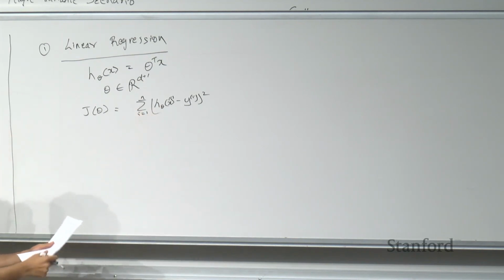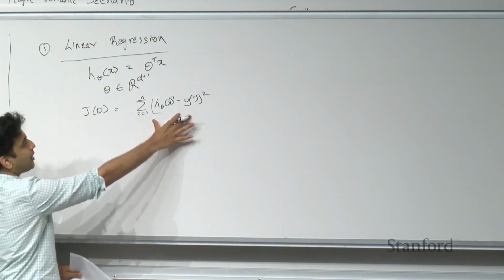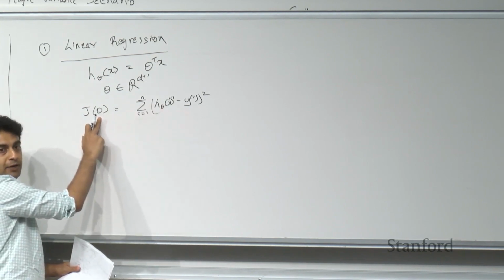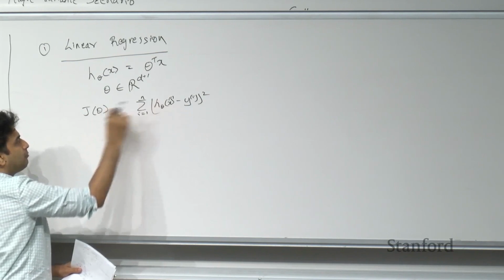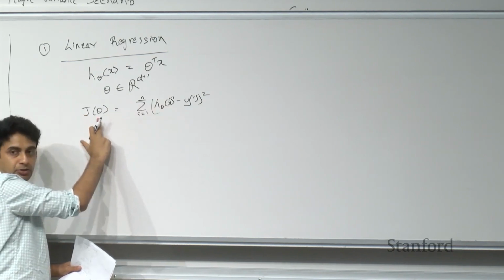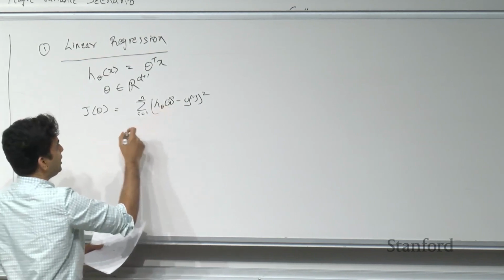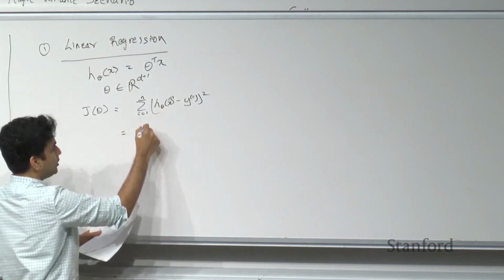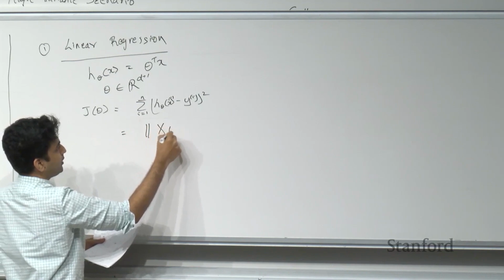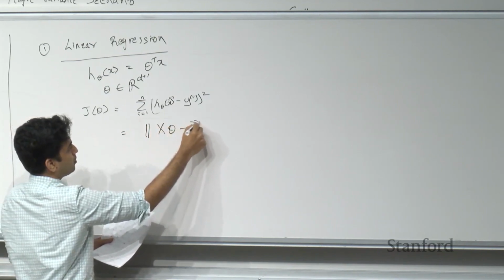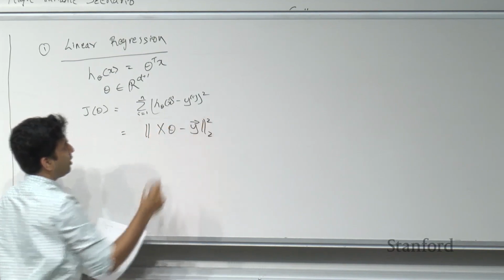Right? And this we treat as a function of theta, and we want to minimize this error by adjusting theta to the best possible value. Right? Another way to write this in vectorized notation is norm of x theta minus y, squared.